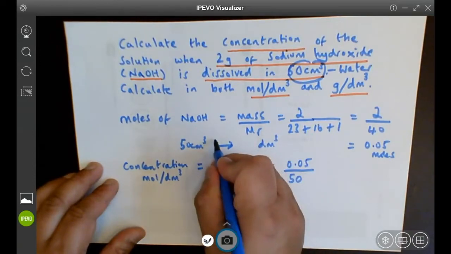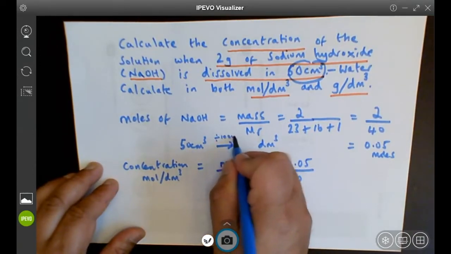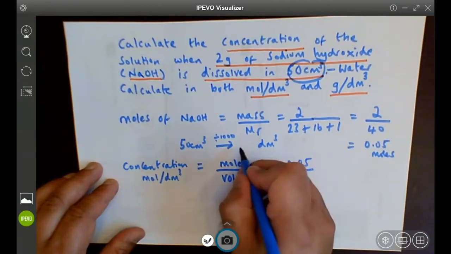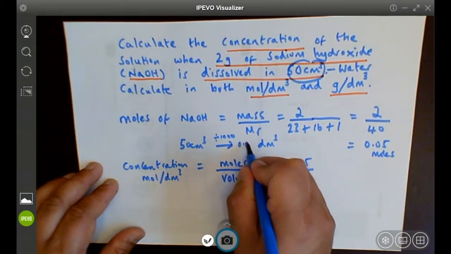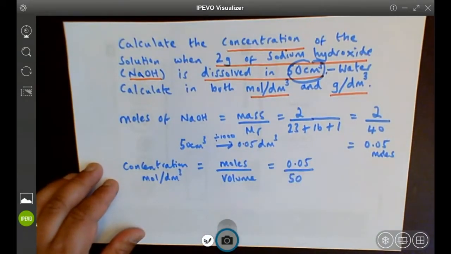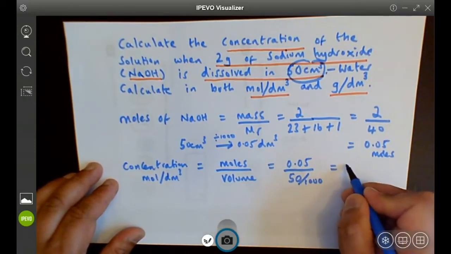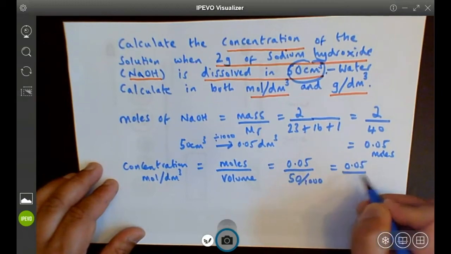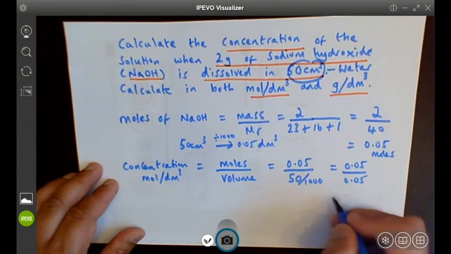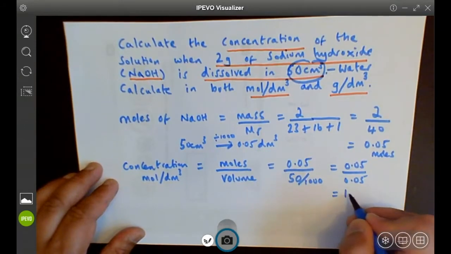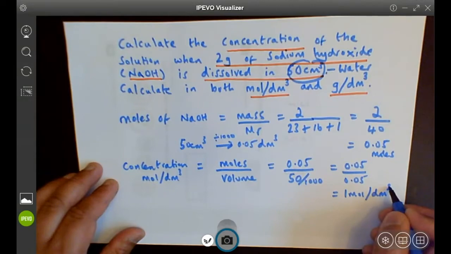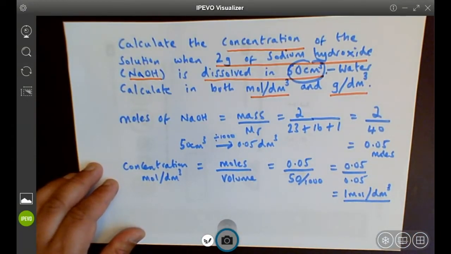So you have to divide it by 1,000. So 50 divided by 1,000 is 0.05 decimeters cubed. So I can even put it down here, 50 over 1,000. So that's 0.05. Divide that by 0.05 because 50 over 1,000 is 0.05. So we end up with 1 mole per decimeter cubed. So that's our concentration in moles per decimeter cubed.